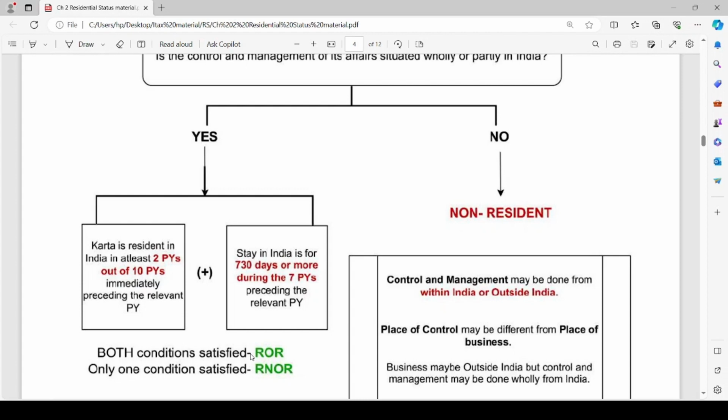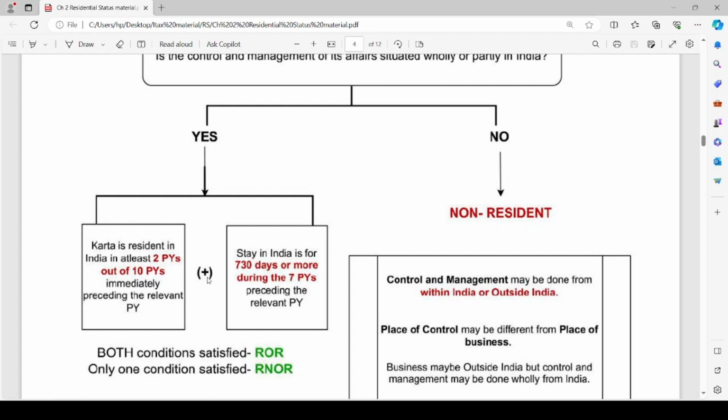Here, the HUF's control and management of affairs is situated wholly or partly in India. Then we have to check the residential status of Karta. If the Karta is resident in India in at least 2 previous years out of 10 previous years immediately preceding the relevant previous year, and also additional to this condition, his period of stay in India is for 730 days or more during the 7 previous years preceding the relevant previous year.